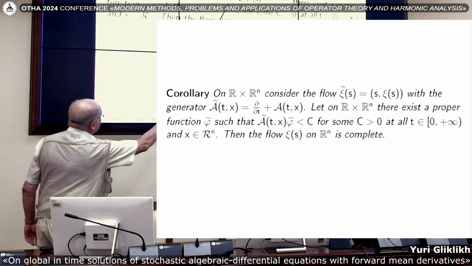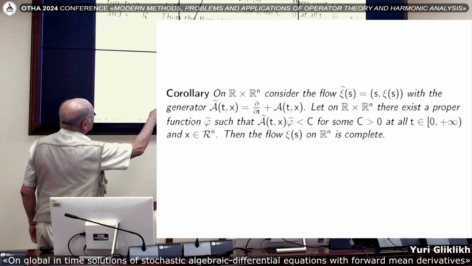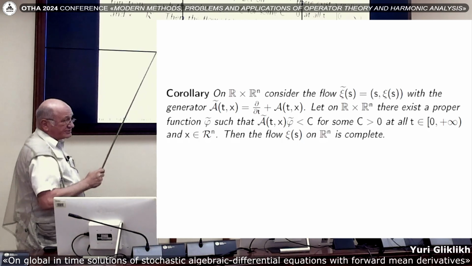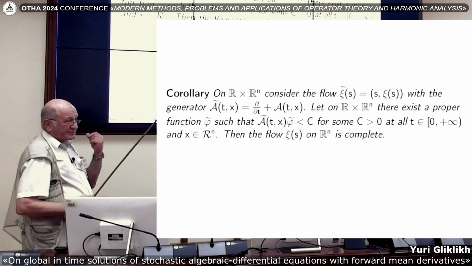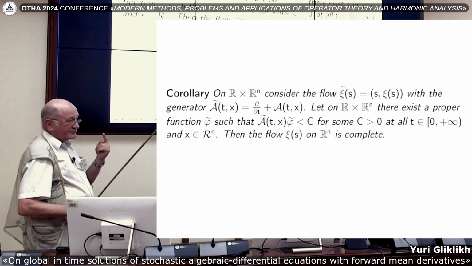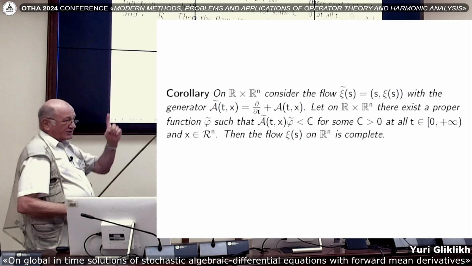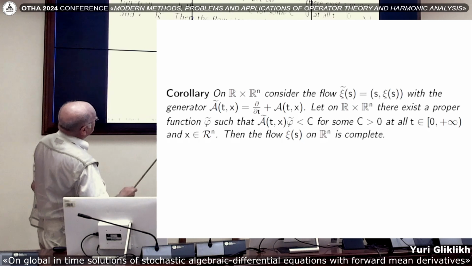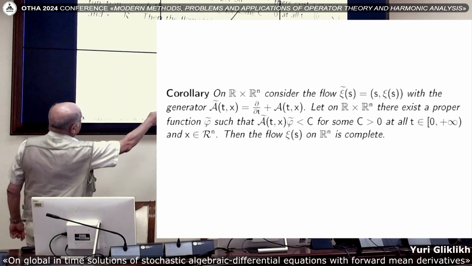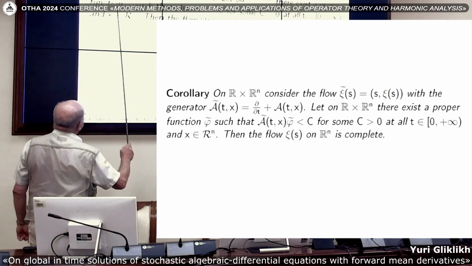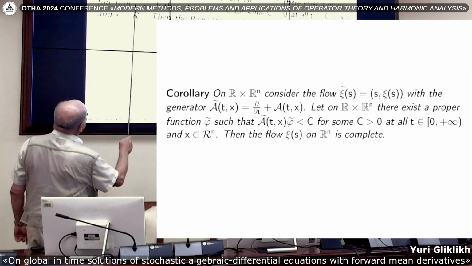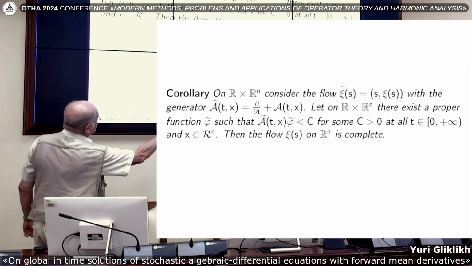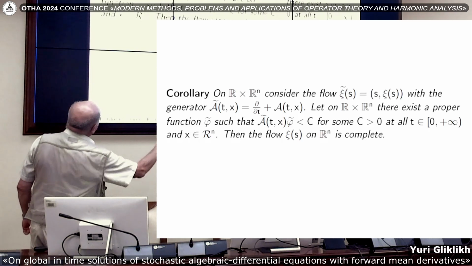This is the generator that we dealt with above, and d over dt is a part of the generator in R. Let there exist phi tilde such that the same holds, analogous to above.